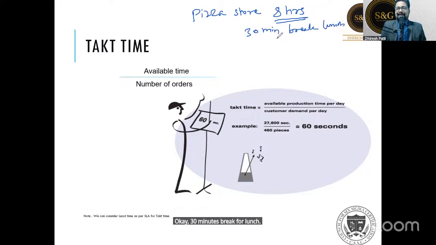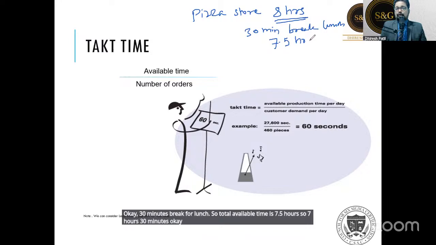So total available time is 7.5 hours, so 7 hours, 30 minutes. Can you calculate 7 hours, 30 minutes equal to how many seconds? Calculate this quickly and type in the chat box.